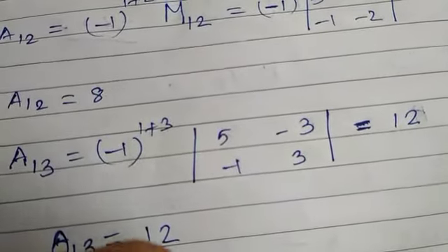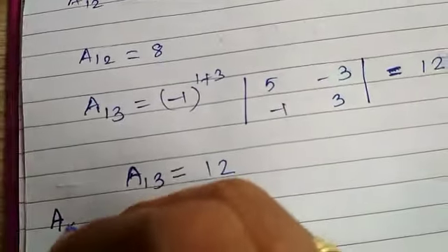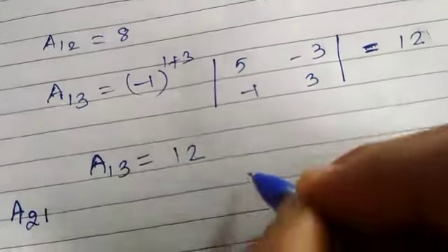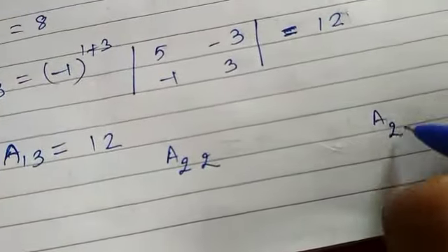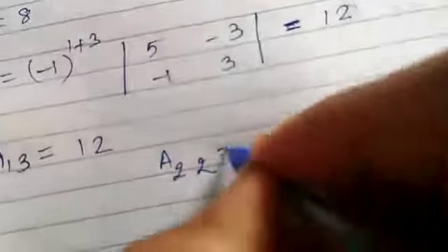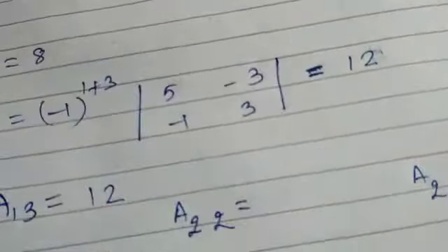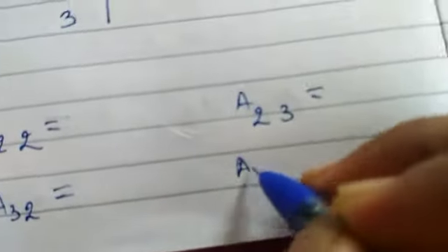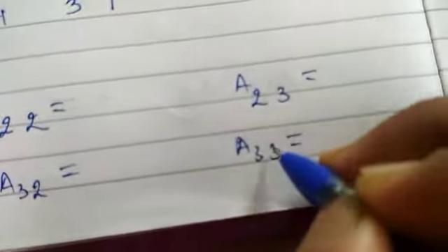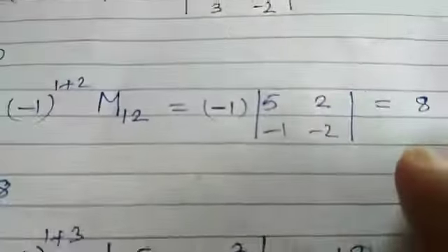Similarly, we can find second row first column element, second row second column element, second row third column element, third row first column element, third row second column element, third row third column element. It is very simple.